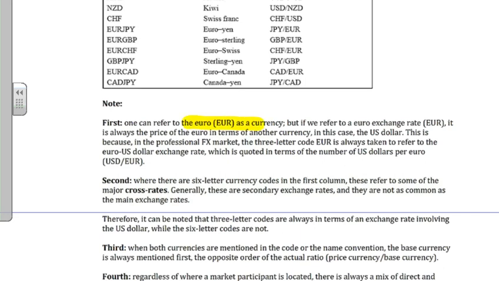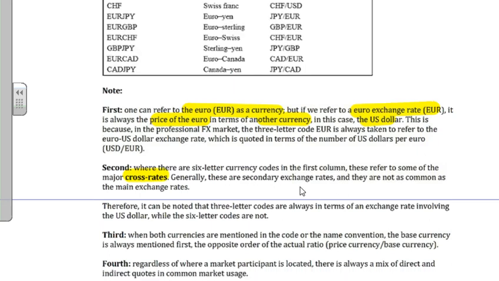One can refer to the euro as a currency, but if we're referring to the euro exchange rate, it's the price of the euro in terms of another currency, in my example over here, the US dollar. We'll talk about cross rates as well when we move in between different currencies.